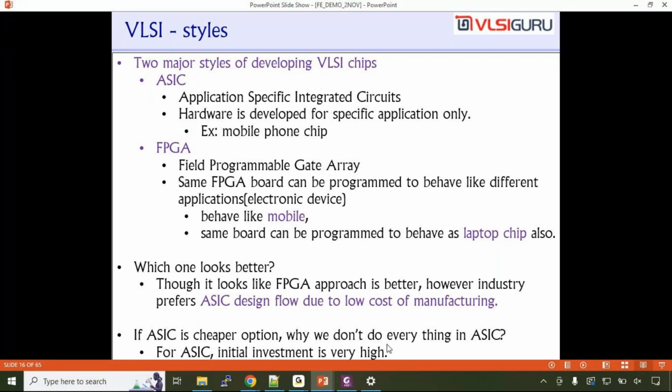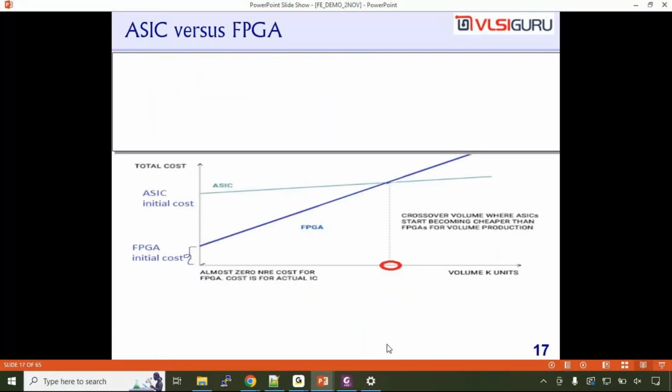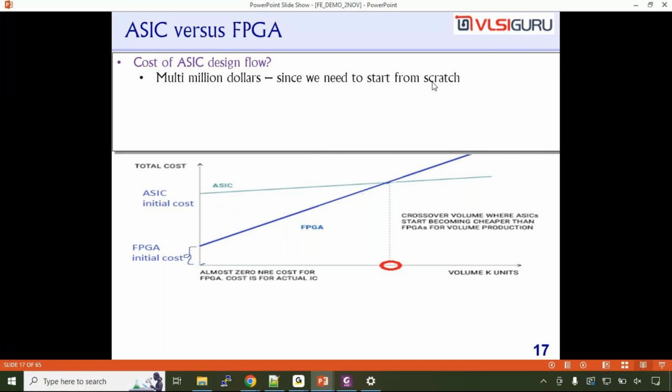For ASIC, initial investment is very high. We'll discuss that part. Let's first understand what the cost of ASIC design is. Initial investment will be multiple $1 million. It means in ASIC, everything needs to be started from scratch. You don't have any hardware to start with. You just have a concept that I have to manufacture a mobile with these features.